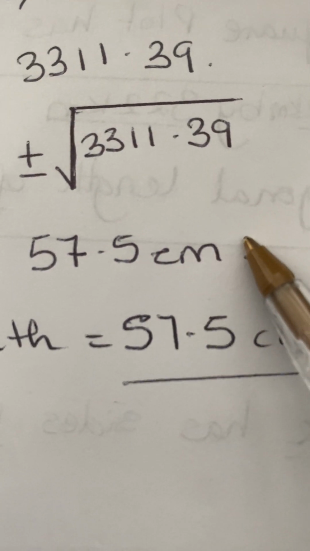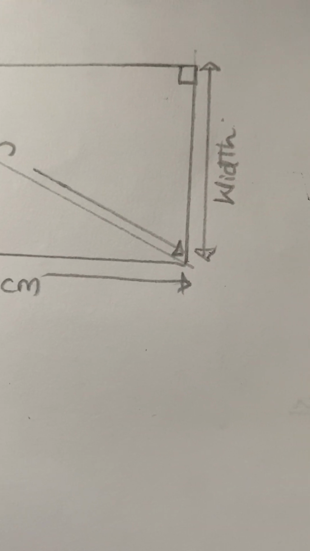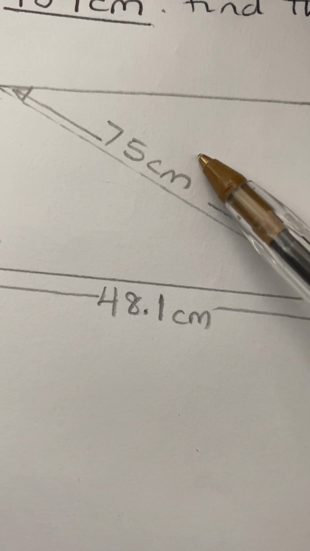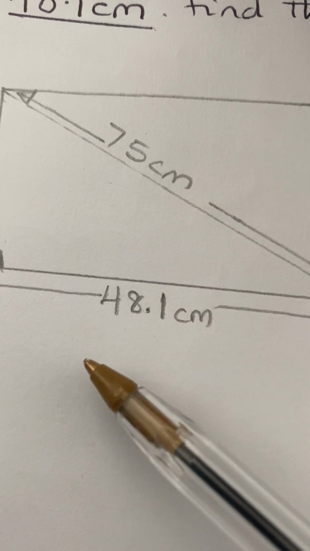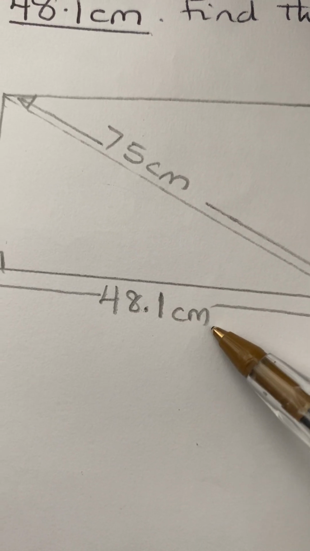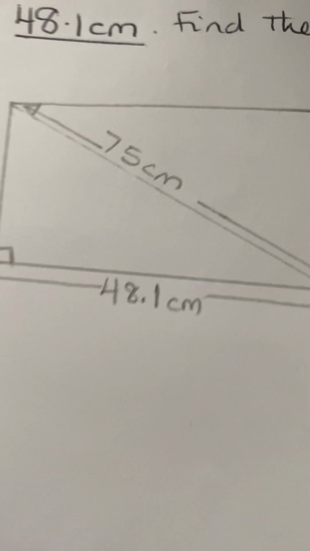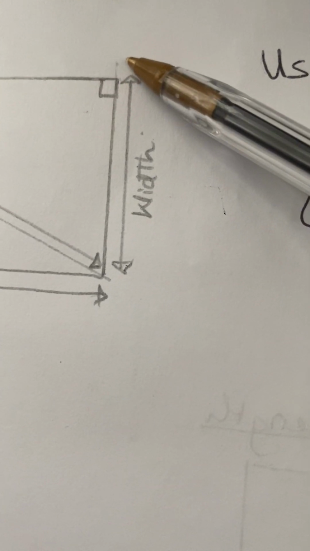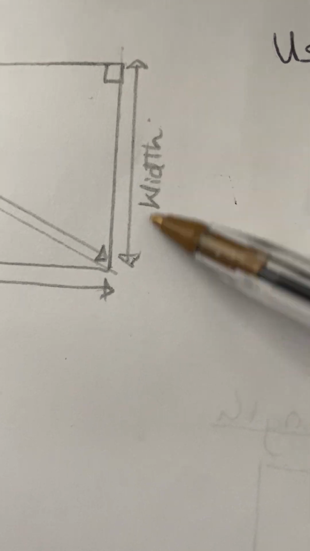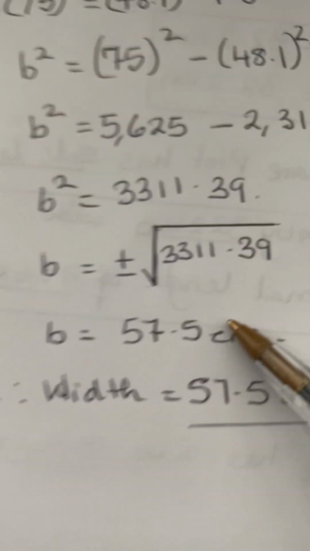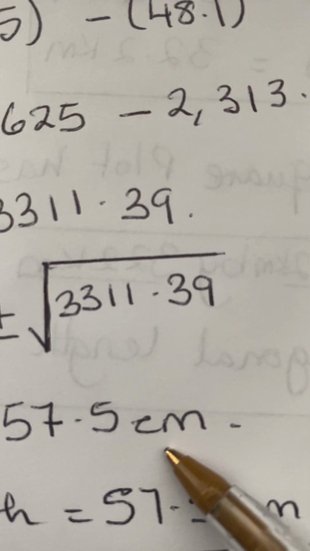So b equals 57.5 centimeters. The question gave us centimeters for the diagonal, 75, and 48.1 centimeters for one side of the rectangle. So the other side, which we are supposed to find, which is not to scale, the answer should be in centimeters.